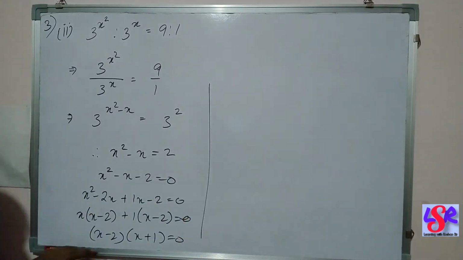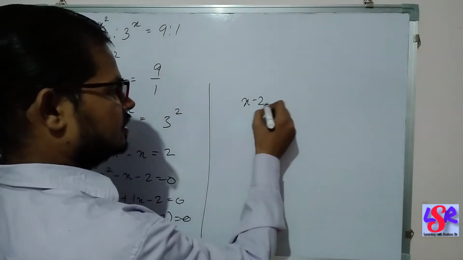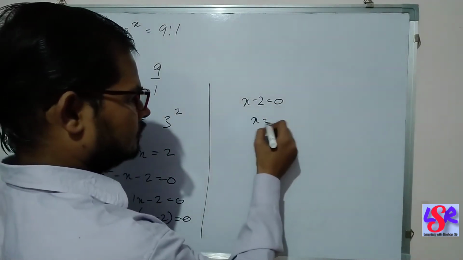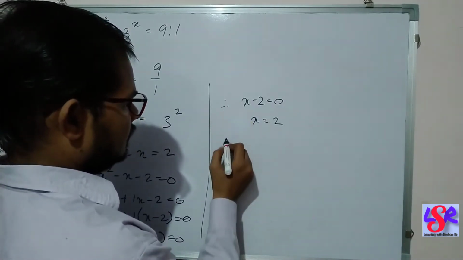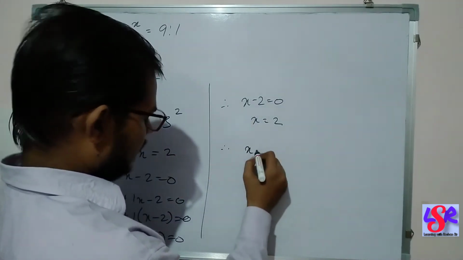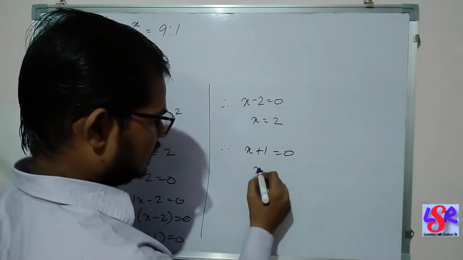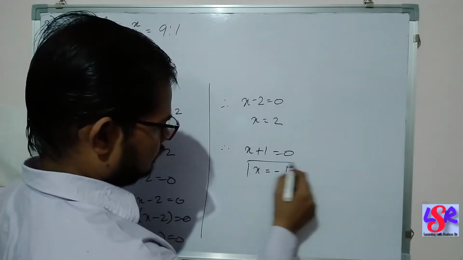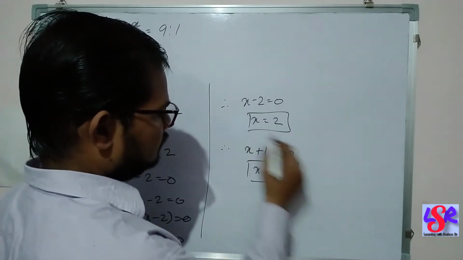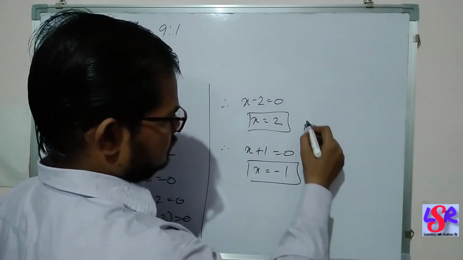Now we can equate both of these to 0. So on equating x minus 2 equals 0, we get x equals 2, and x plus 1 equals 0, we get x equals minus 1. So here we have two answers.